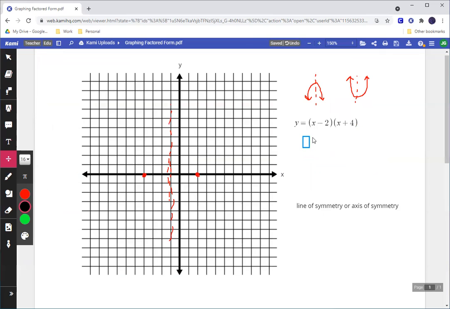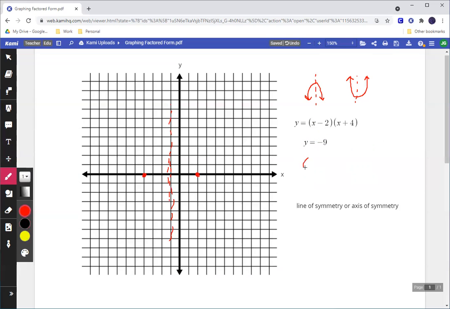That's going to give us a point that should be on that axis of symmetry. So y equals (-1 minus 2)(-1 plus 4). -1 minus 2 is -3. -1 plus 4 is +3. And -3 times +3 is -9.